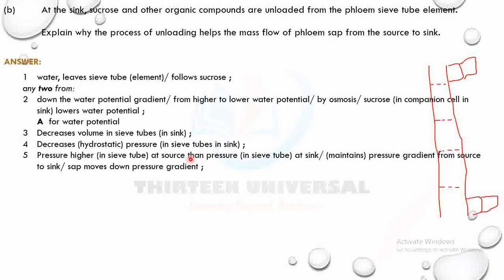Pressure in the sieve tube is higher at the source than at the sink, and that maintains the pressure gradient from source to sink. So sap moves down the pressure gradient. Loading creates high hydrostatic pressure, unloading creates low hydrostatic pressure, and we have to explain that.